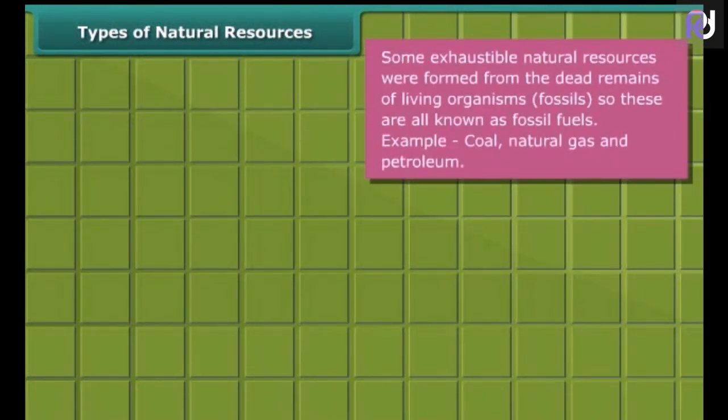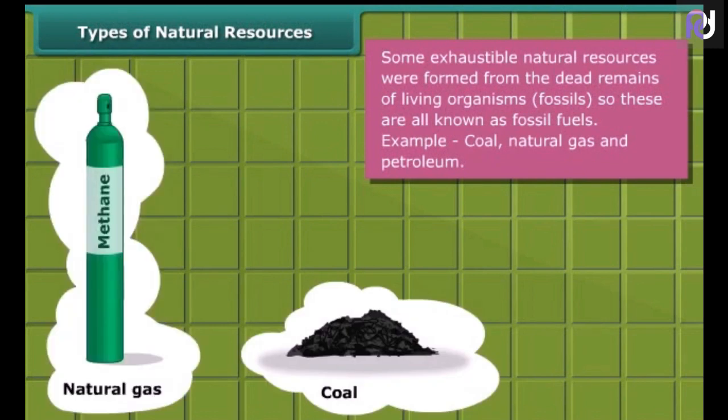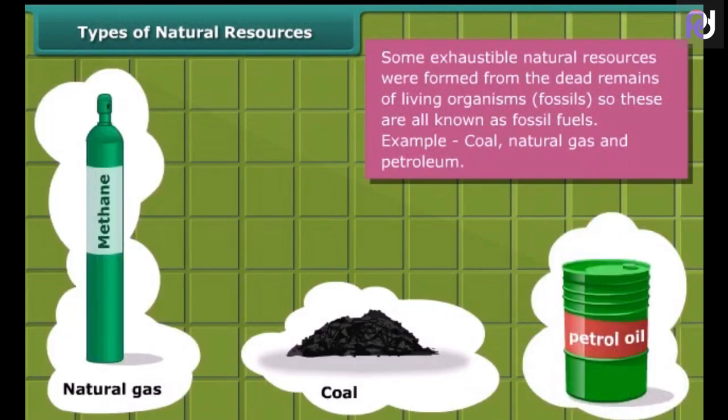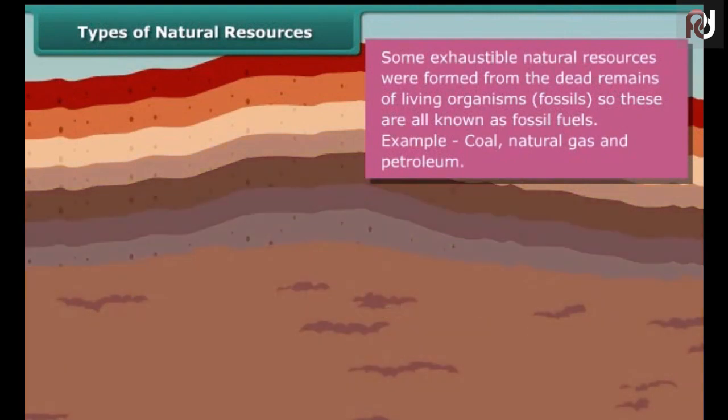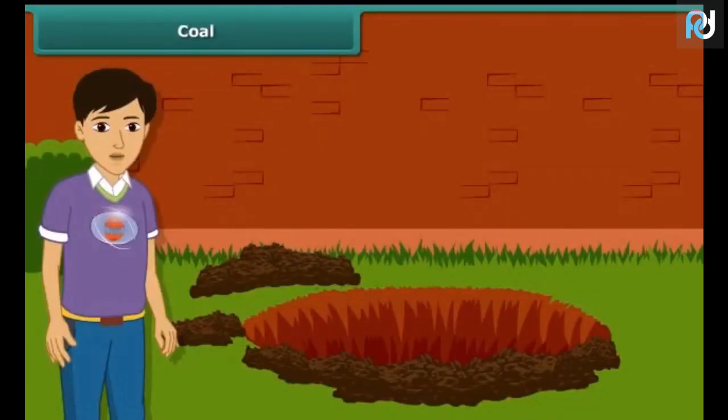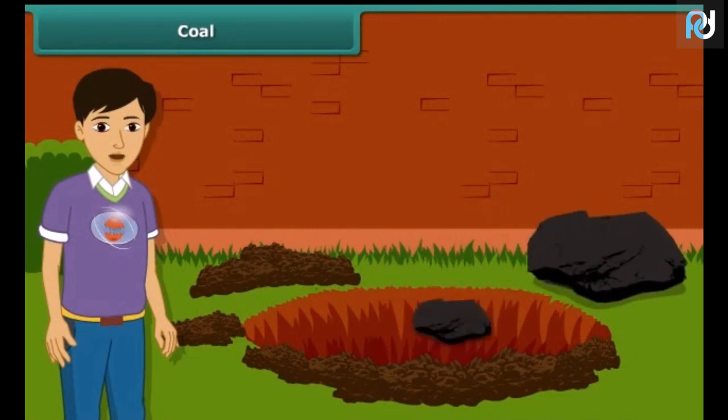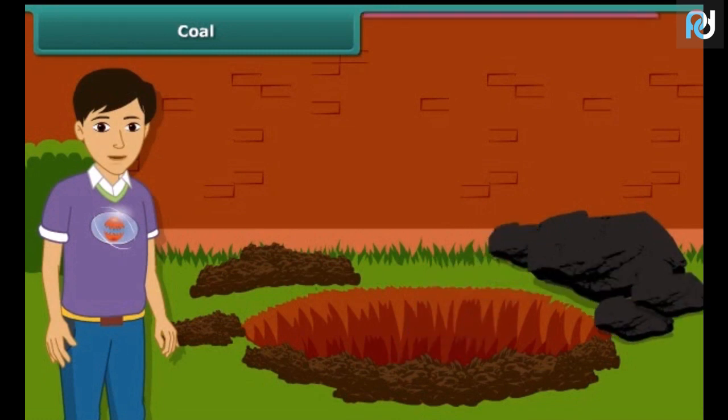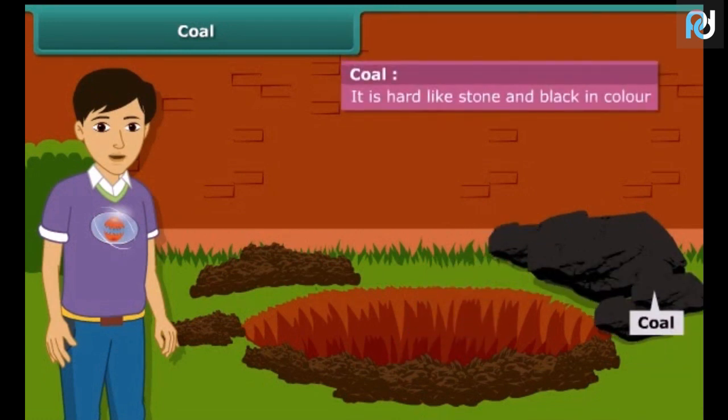Do you know that some exhaustible natural resources were formed from the dead remains of living organisms, namely fossils? Hence, they are also known as fossil fuels. So, coal, petroleum and natural gas are fossil fuels. So, let's study coal in detail. You must have seen a black stone-like structure. Well, that is nothing but coal. It is hard and black in color.